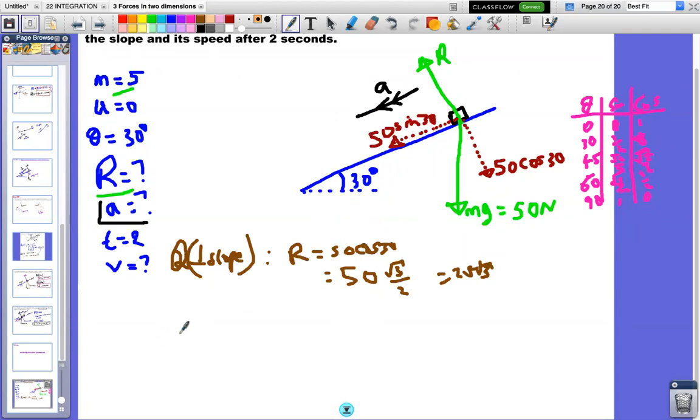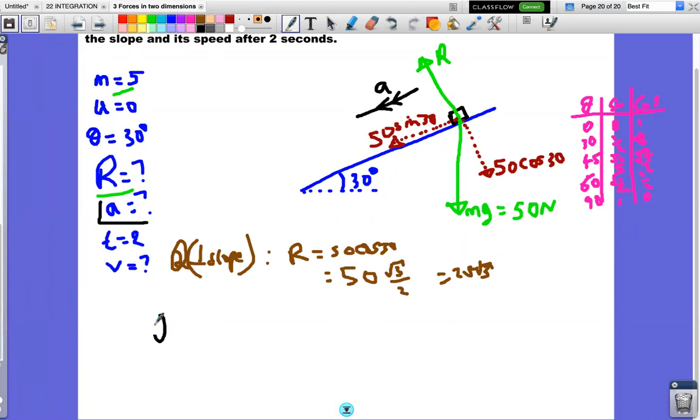So we have to use Newton's second law. So we resolve parallel to the slope. We get F equals ma, right? The resultant force is 50 sin 30.